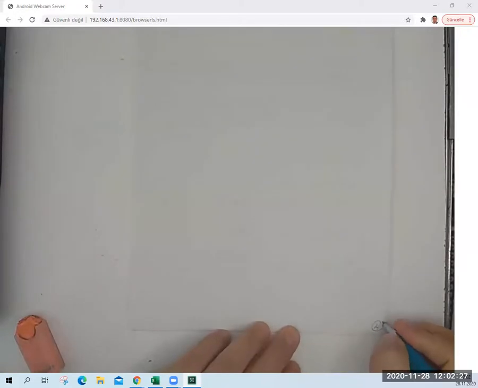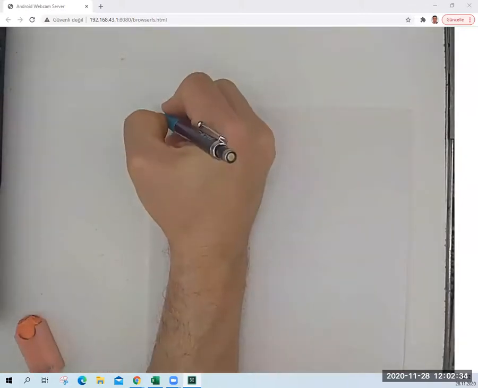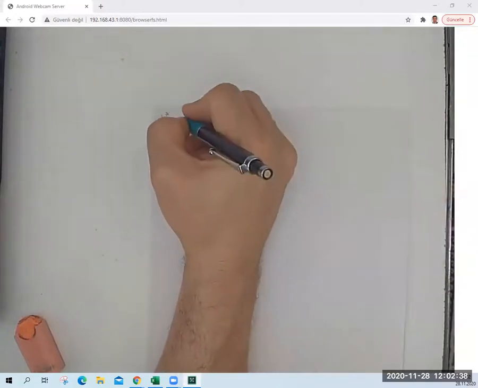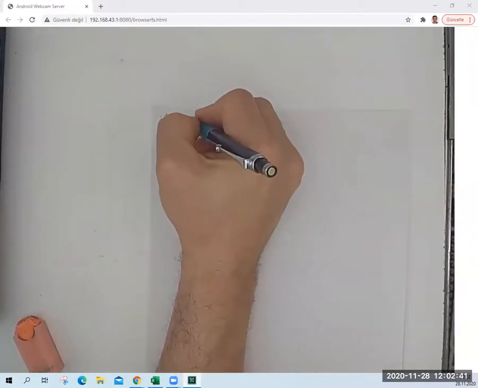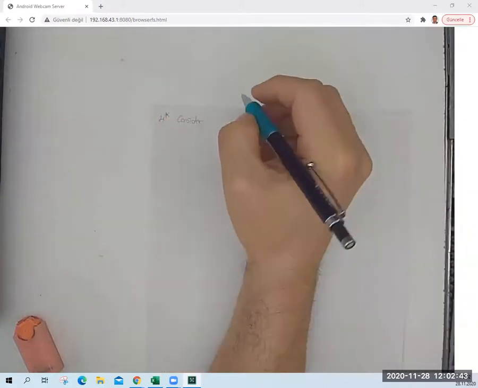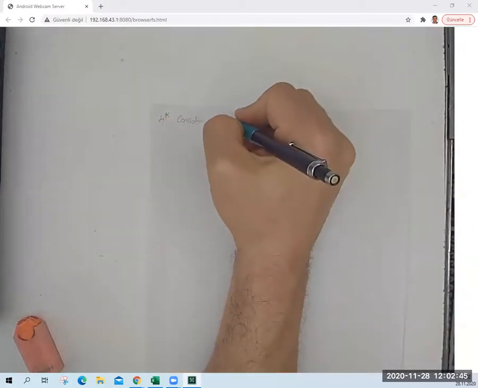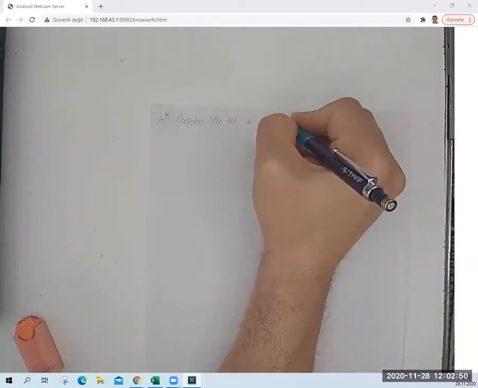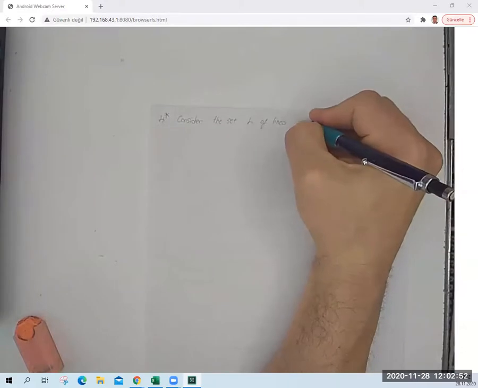Next, okay, take page 3 and start page 4 as example 4. Let's say the set L of lines in the plane.